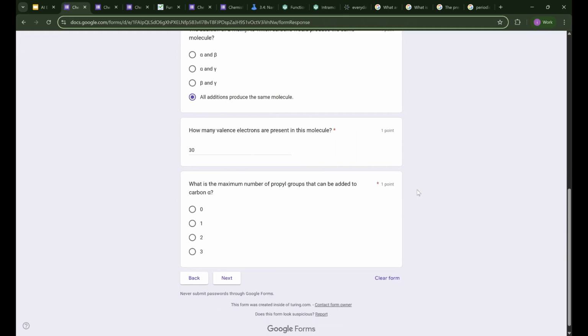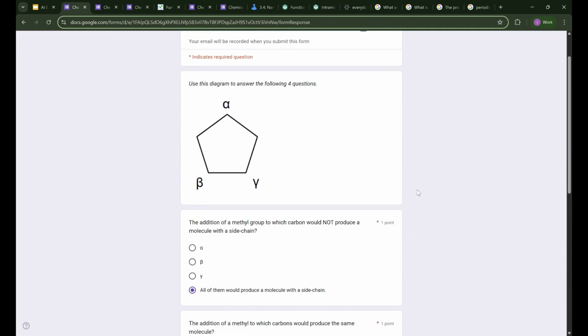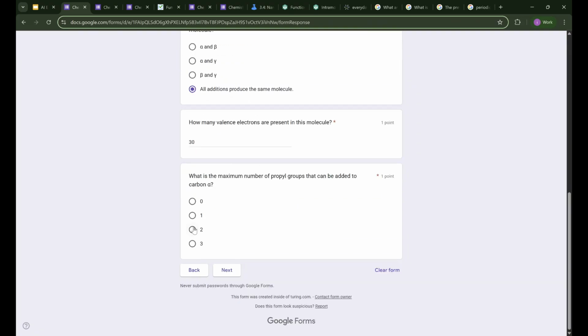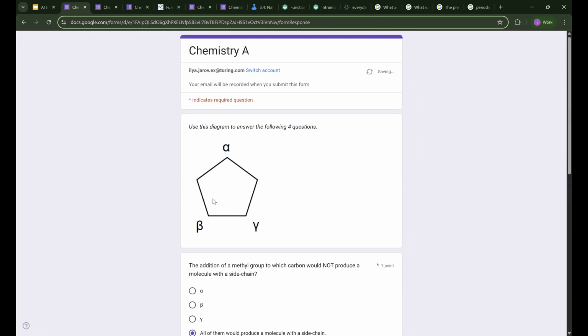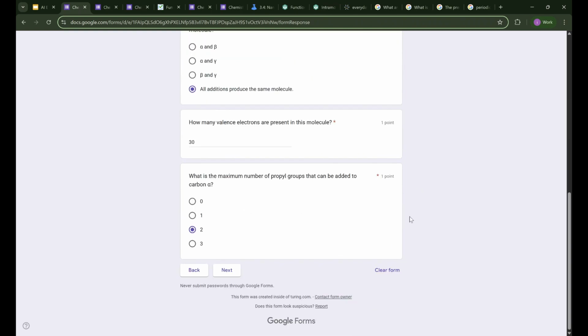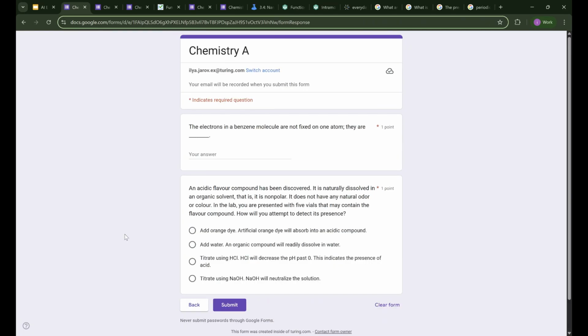What is the maximum number of propyl groups? Two, maybe? Because there's two hydrogens at the moment. I'm not sure if that'll mess up the structure, but let's see how many questions are left, because I've got 3 minutes. Okay, I think I can finish.